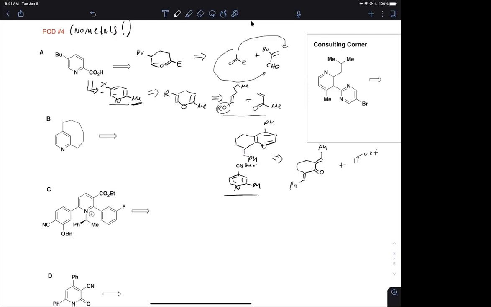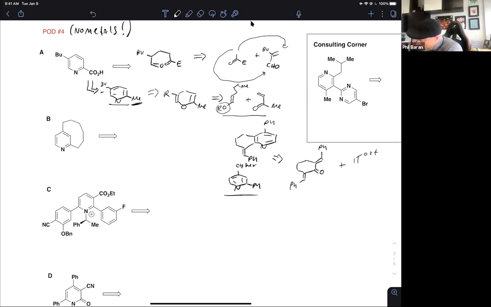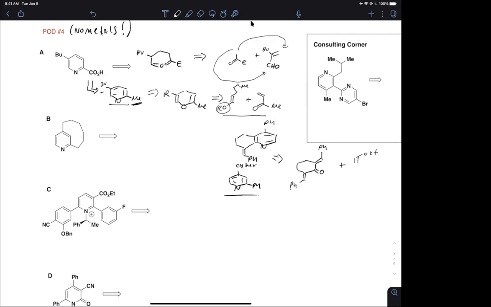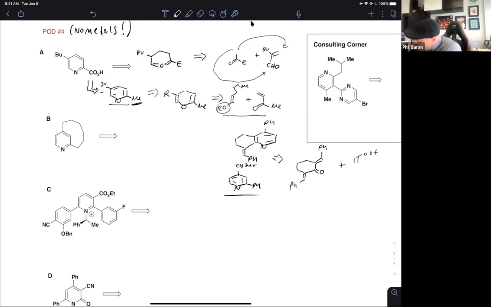Well, I still have a question about A. Since it is a reverse Diels-Alder reaction, in which the dienophile is electron donating, why do we need to convert the CO2H to a methyl group? Oh, I see. So you're saying why not just use an ester here instead?